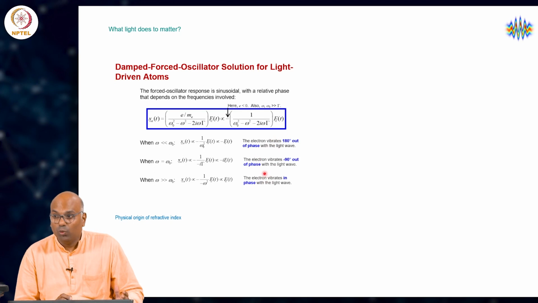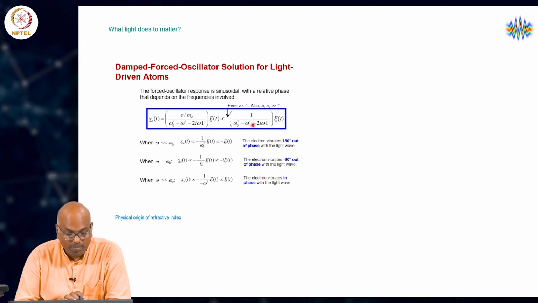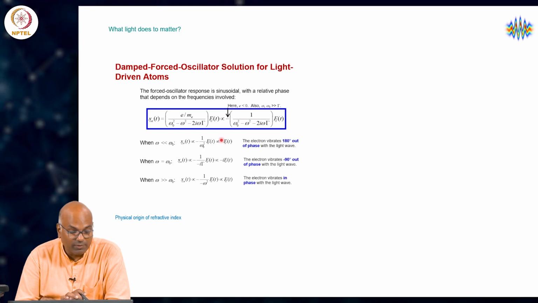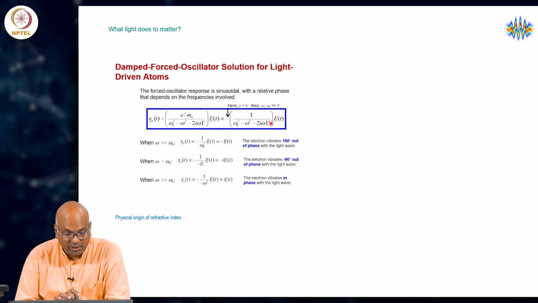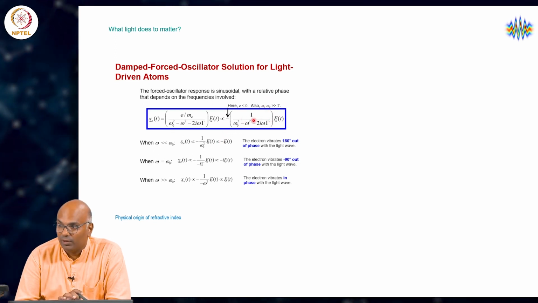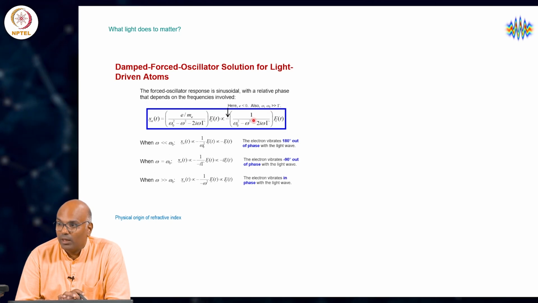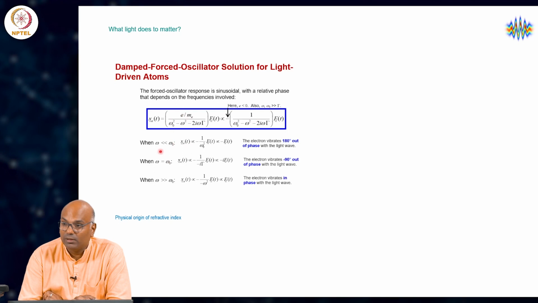But note once again that the response of the atomic system, okay, the oscillations themselves are still, in terms of their time dependence, at omega, the frequency of the driver. Omega naught merely marks one important location on that scale, right.